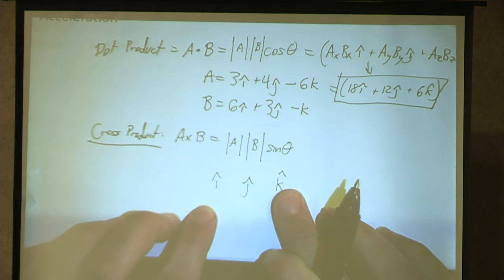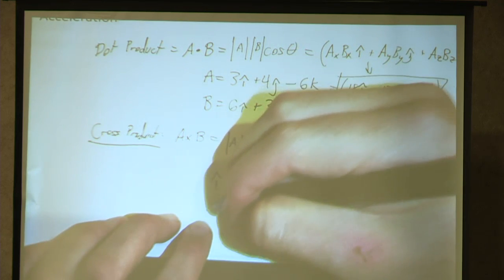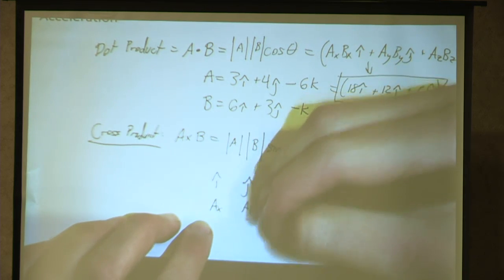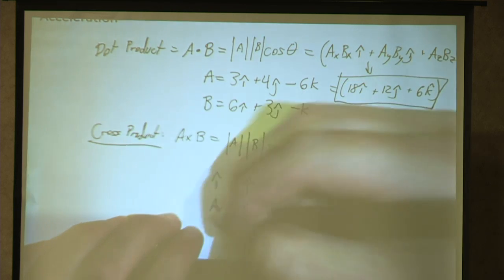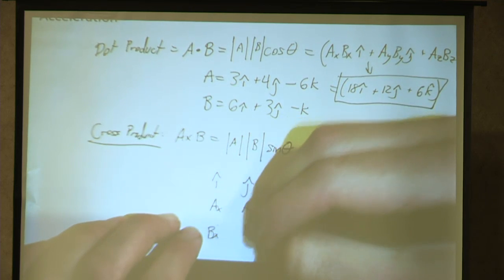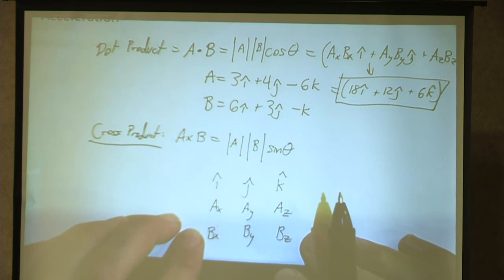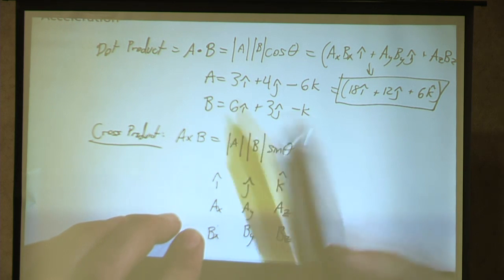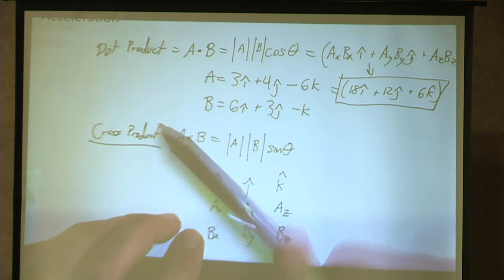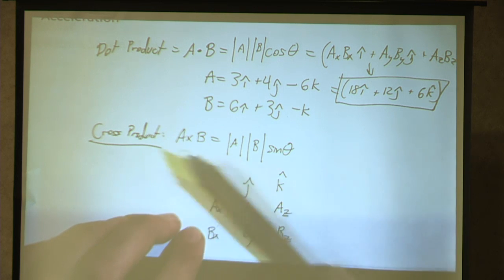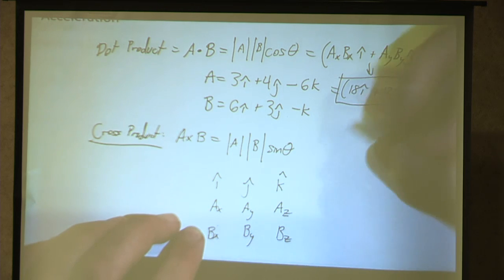And then you would put your AX, AY, AZ, BX, BY, BZ. And then you're basically going to go in diagonals and subtract. Okay, so I'm just going to have to write this out.